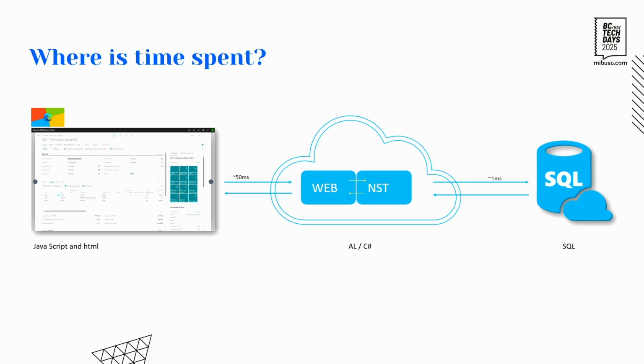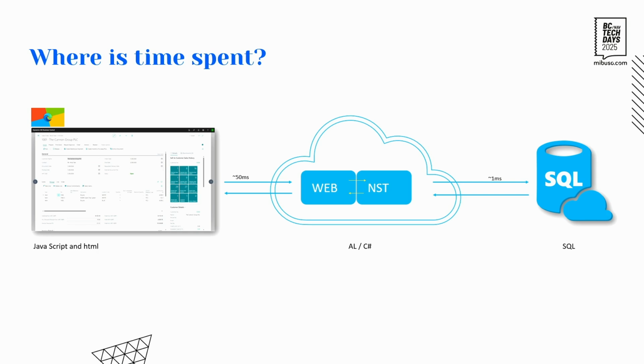So this is a high level and technically wrong, but a high level picture of the environment. Our users sit on one end with their browser, and then we have the cloud, but technically it's 2 different machines. We have the web server and NST on one machine, or actually many machines, but together on one machine, and SQL Server on a separate machine.